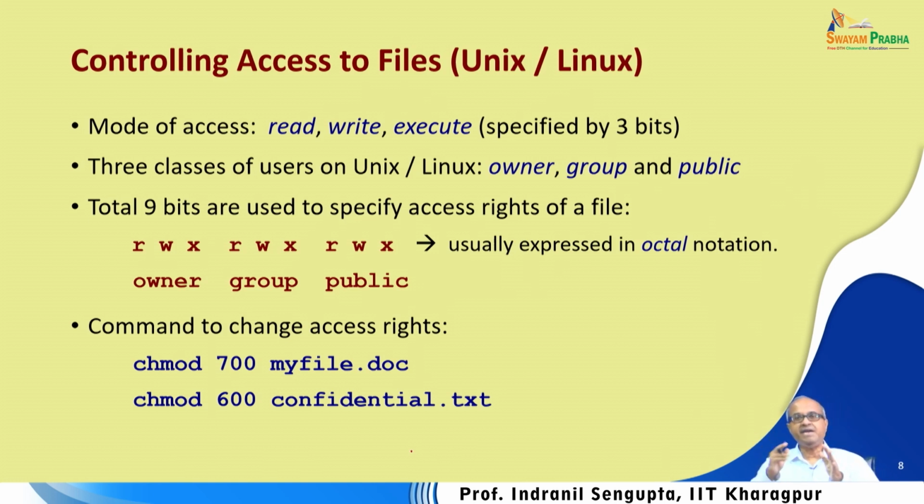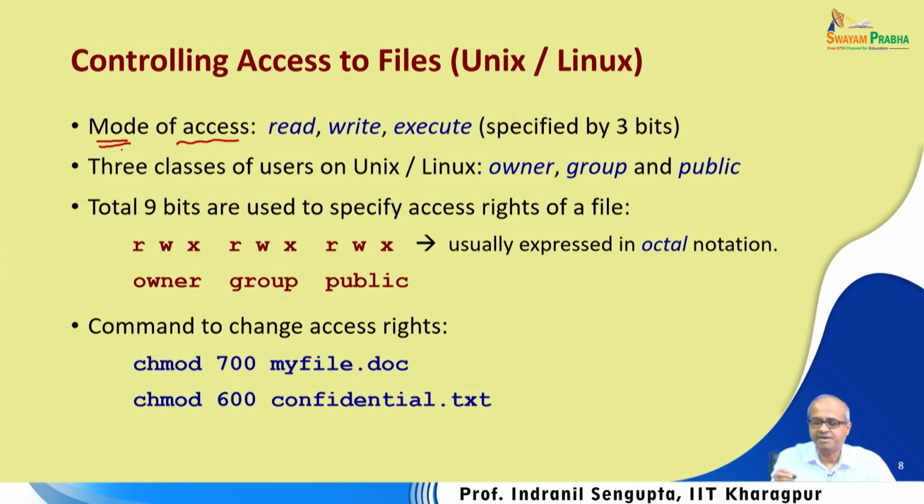Now, let us again take examples for Unix and Linux. For other operating systems, something similar is provided. When you create a file, you can also provide some kind of security in terms of how the file can be accessed. In Unix or Linux, when you say how it can be accessed, there is something called mode.